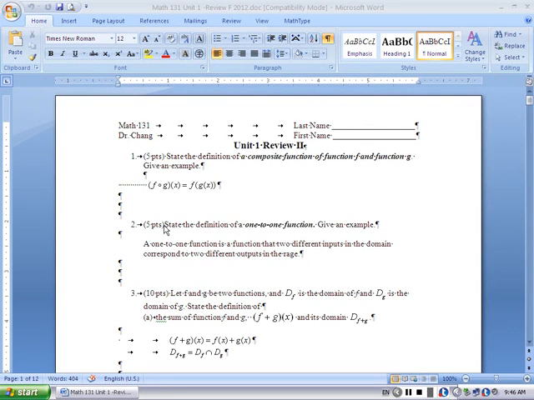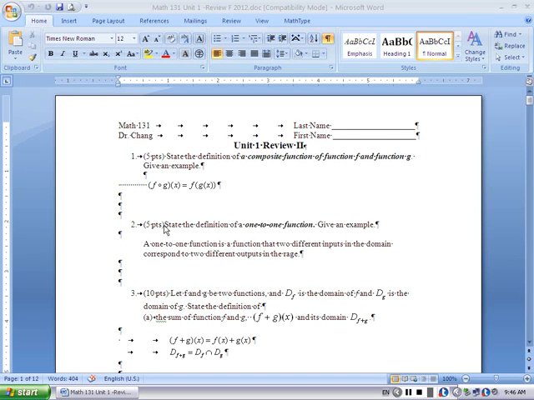So now let's look at the review. You would like to give an example. What would be a one-to-one function?